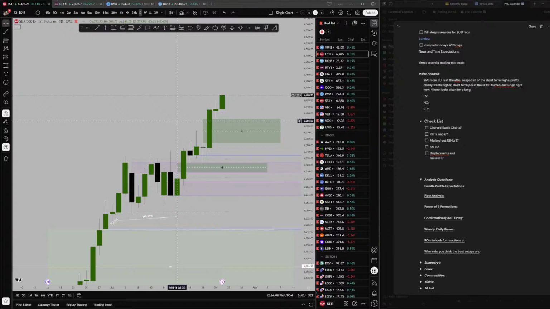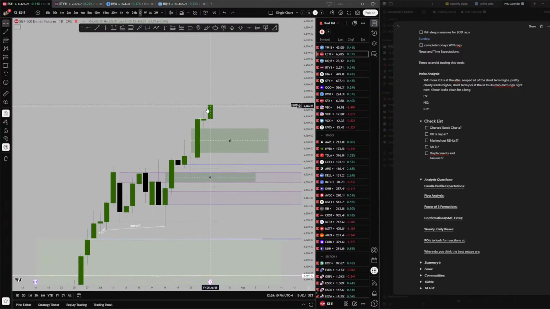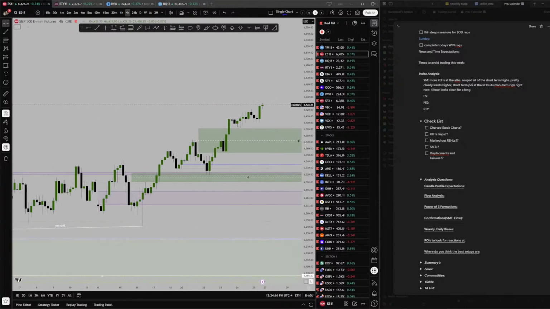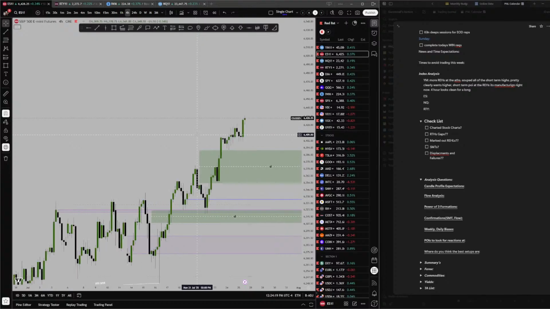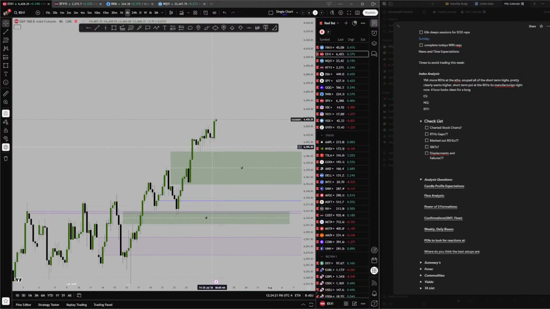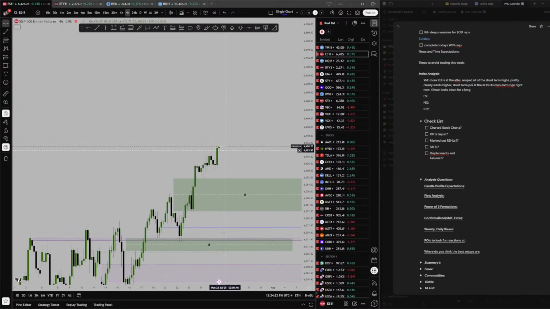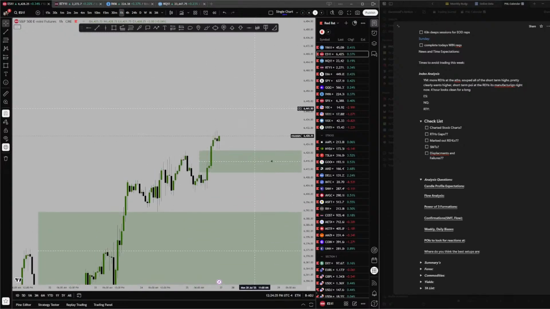This one got traded into as well. But yeah, just been moving great. Very obvious. Just heading higher. Nice daily there. And a nice 4 hour here. Yeah, just keep buying it.